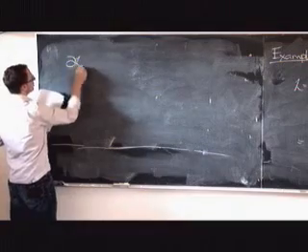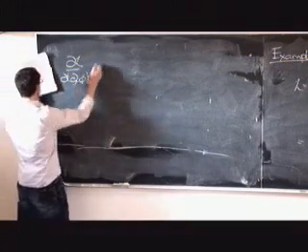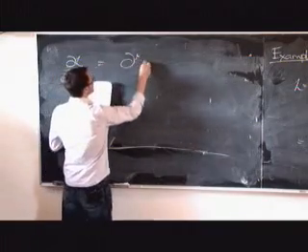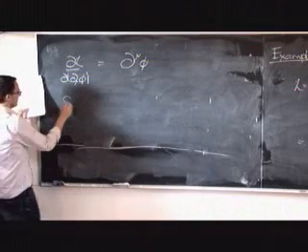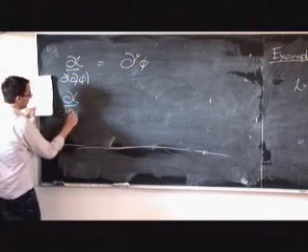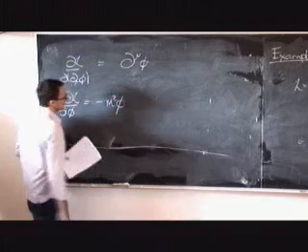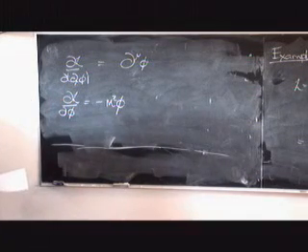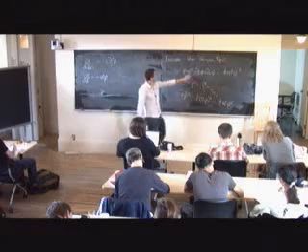Okay, so what are the two terms in the Euler-Lagrange equation? Figuring them out, you just have to differentiate this.